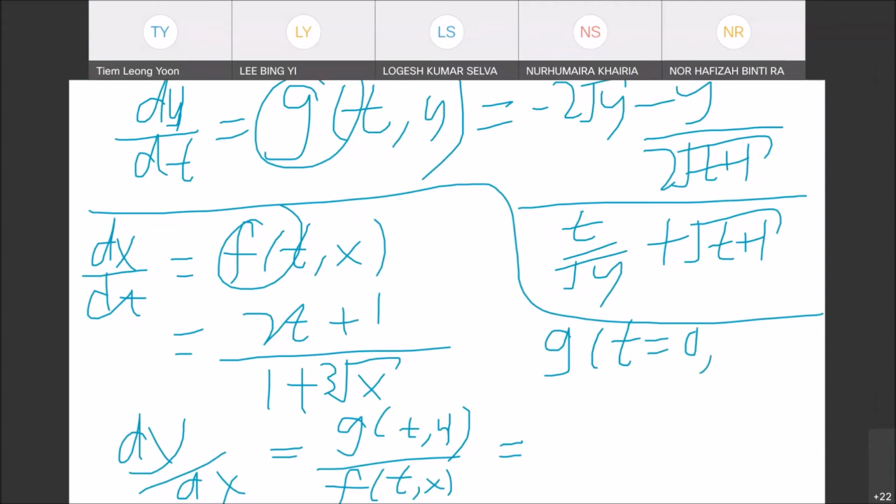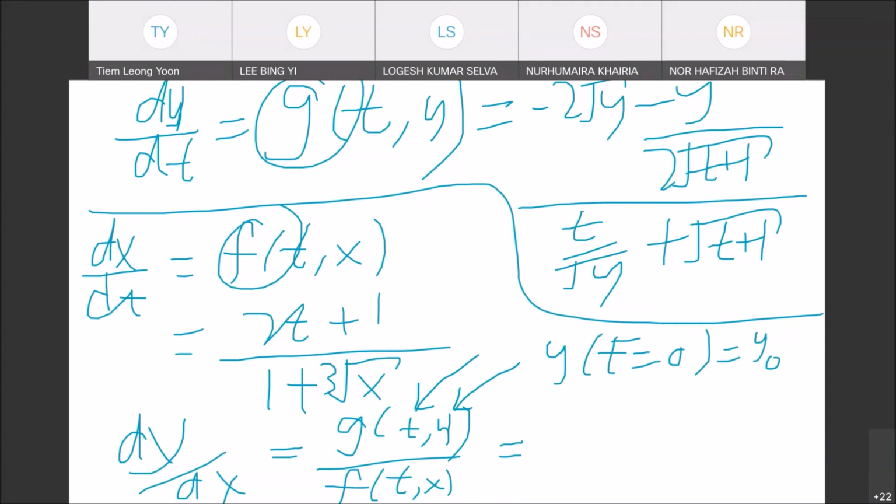When t equals to 0, I have to figure out what is the value of y. Okay, so how do you know the value of y? The question now translates into that in order to get the answer, I just have to substitute in the values of t equals to 0 and the corresponding value of y when t equals to 0. That gives me a number for y. I don't know what it is, but it should be a number.